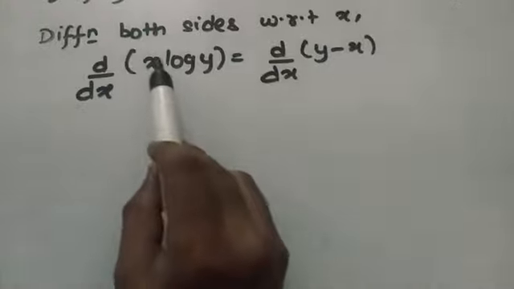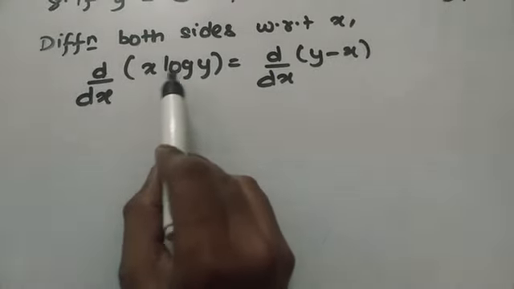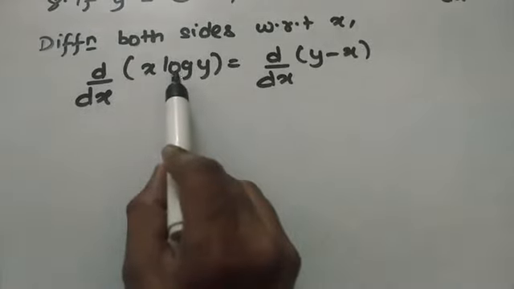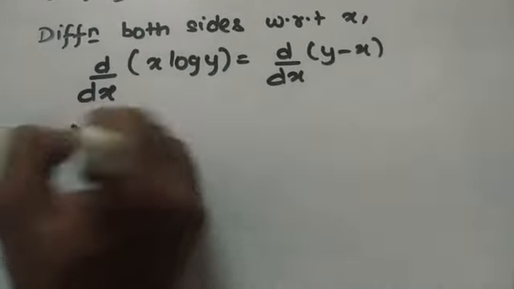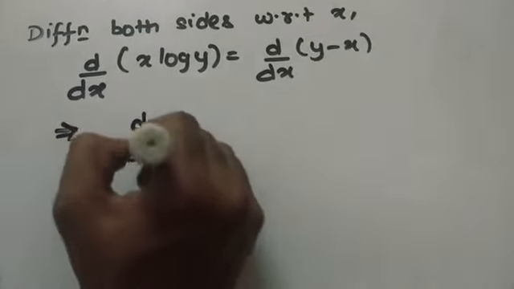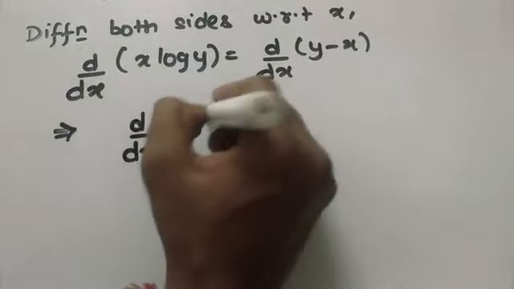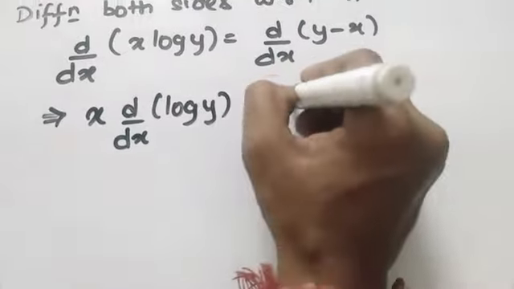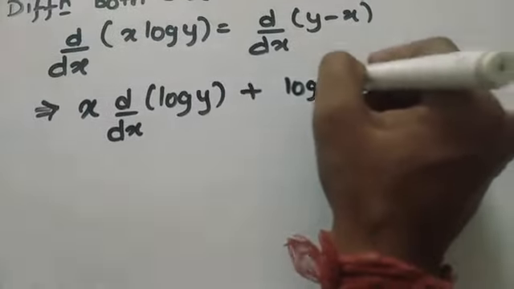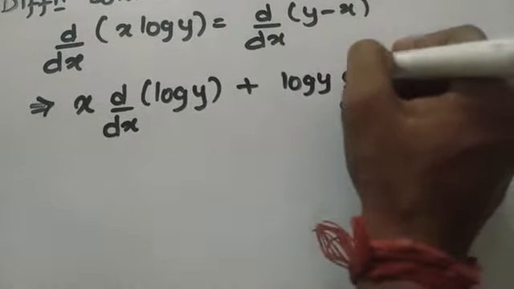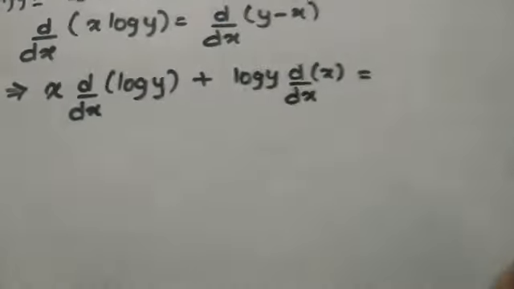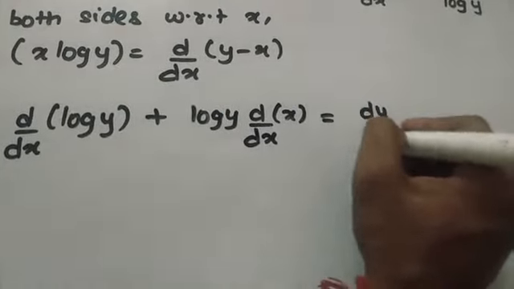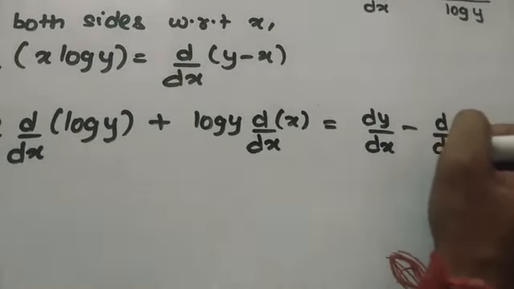On this side there is x and log y in the form of multiplication, so we'll use the product rule: at a time only one function is differentiated and the other remains out of the derivative, plus interchange them, d/dx of x. On the other side it is normal differentiation: we differentiate y and then we differentiate x.